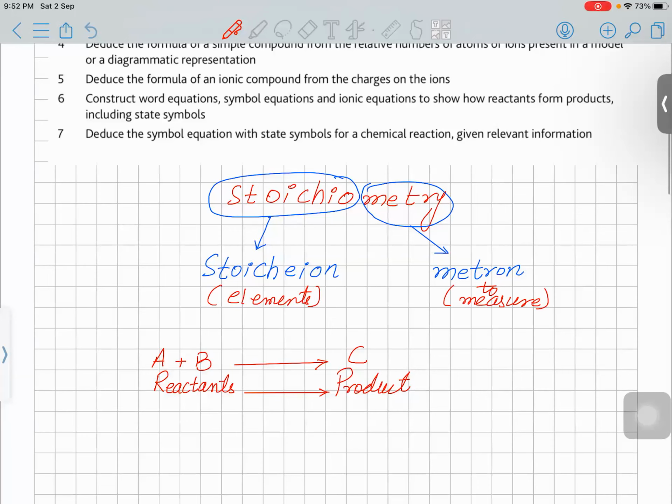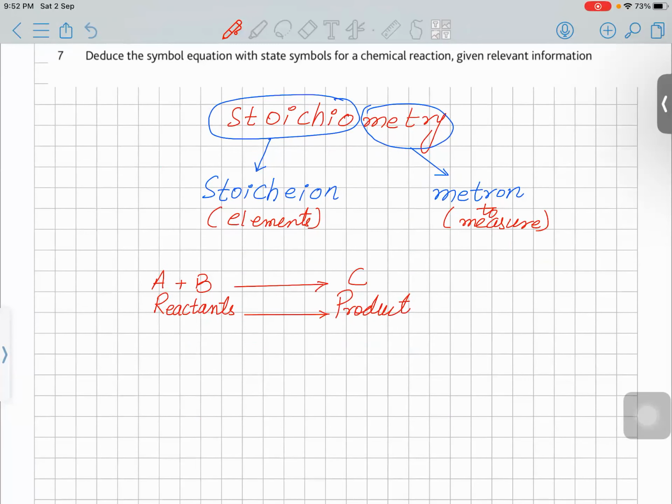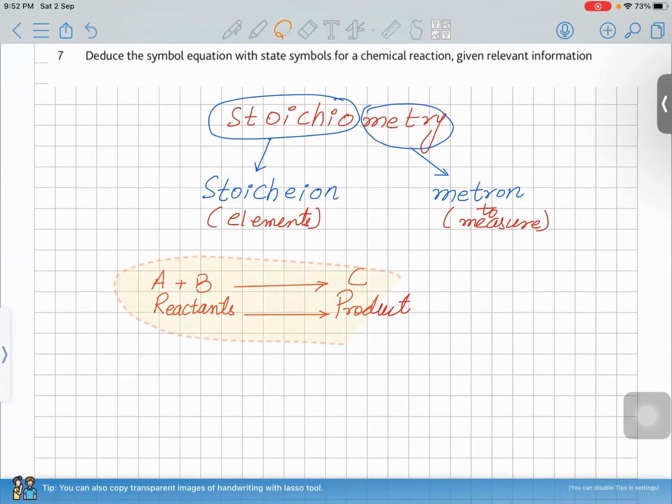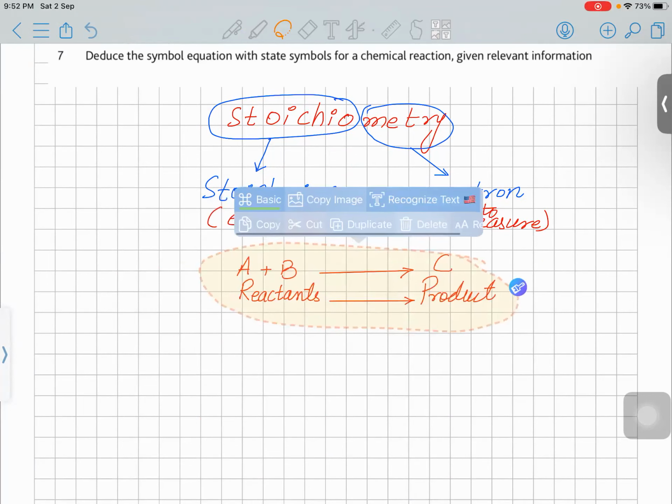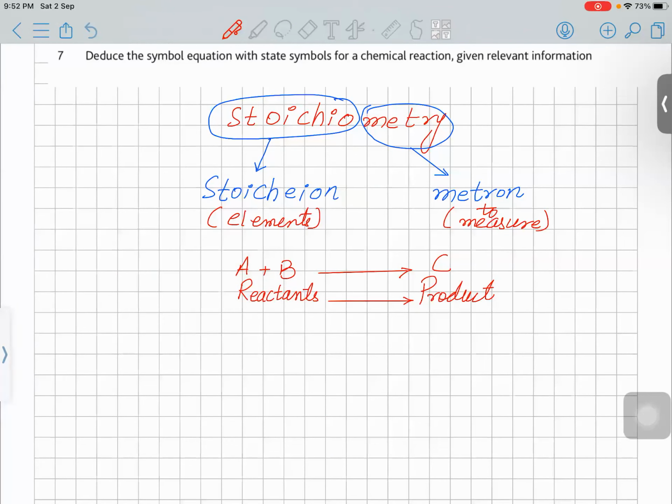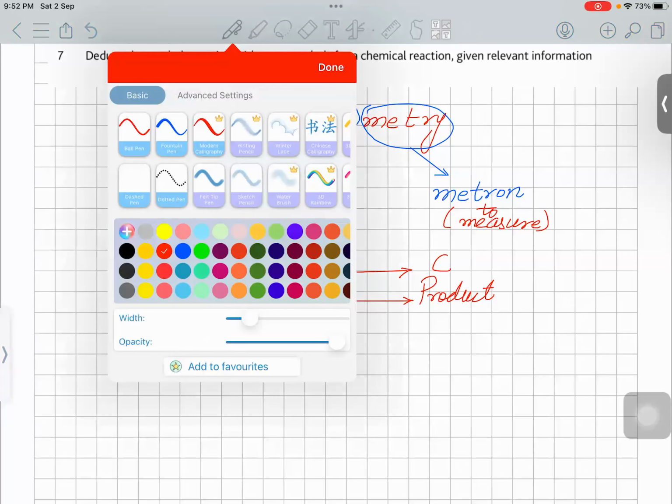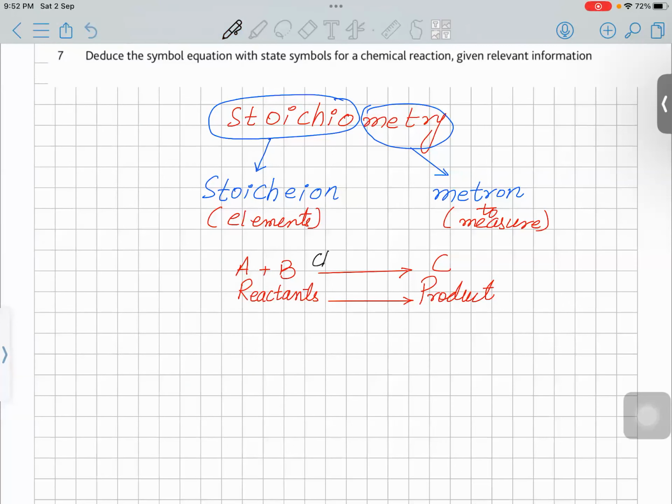So what is the exact meaning of stoichiometry? This is a chemical reaction.